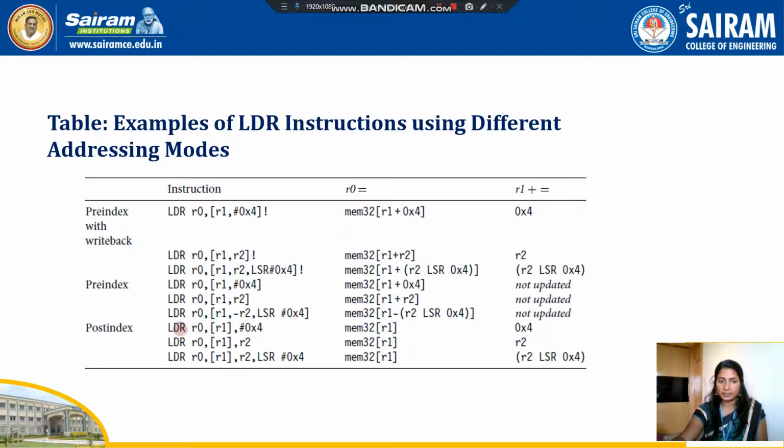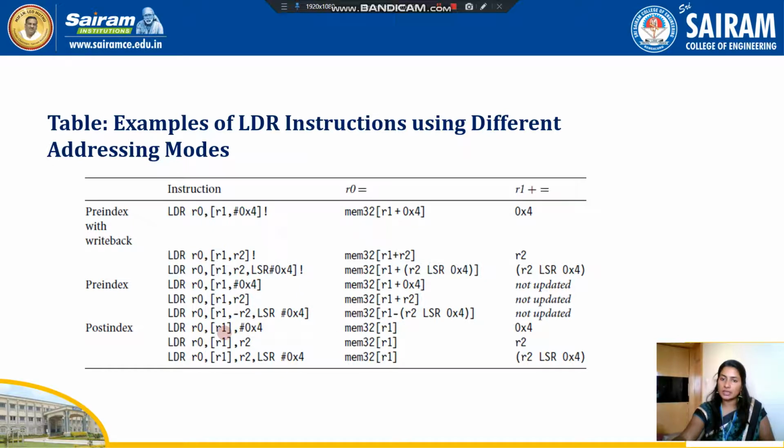Next, post-index. LDR R0, [R1], #4. Here the memory is only the R1 content: only from R1 will data move to the R0 register. In all three instructions, the memory is only R1. Next, how to update R1?